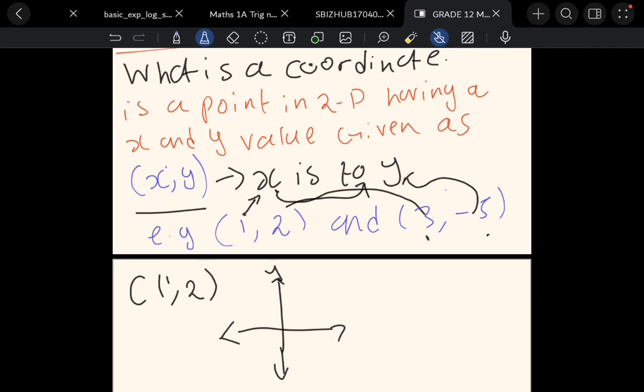Now if you have (3, -5), the x is positive and the y is negative. Where is x positive? This side. Where is y negative? This side, which means the point lies in the fourth quadrant. So you can read a coordinate and tell what quadrant it lies in. Understand? So that is the purpose of a coordinate.